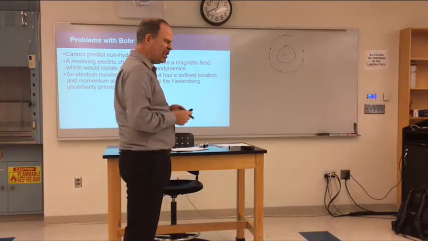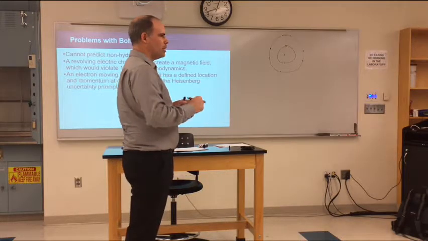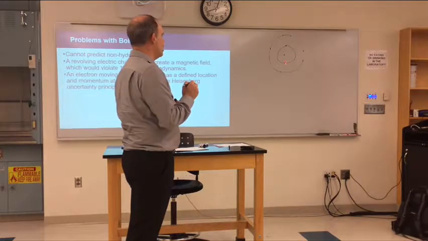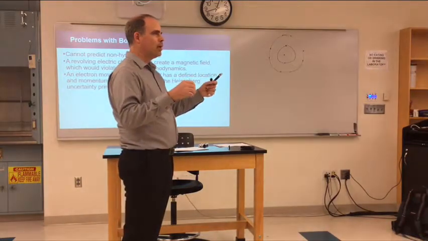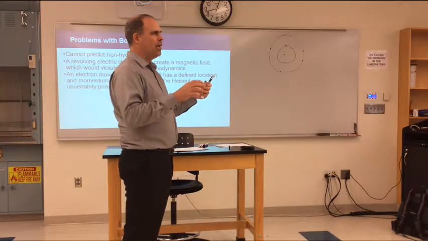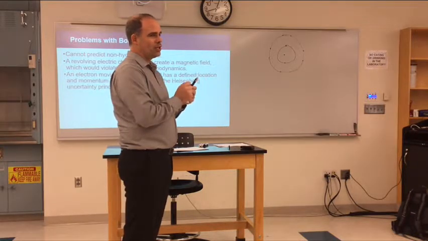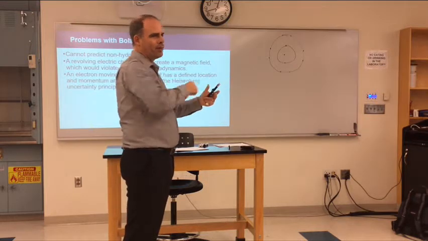De Broglie, if you remember the de Broglie wavelength, came up with a workaround for this and said that instead of going around in planetary motion, it's actually a standing wave function. So the electron, instead of being at a set location, occupies a wave-like behavior in that circular path.